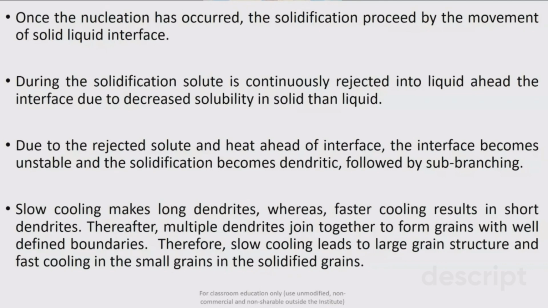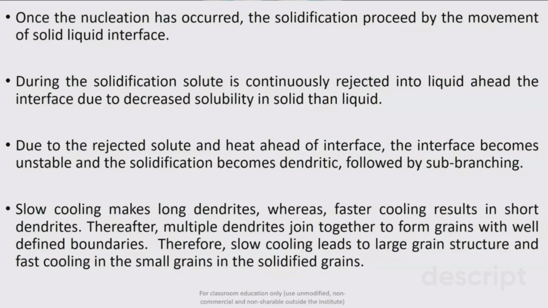And slow cooling makes long dendrites, whereas faster cooling results in shorter dendrites. With faster cooling, you don't allow the formation of these dendrites, while in the case of slow cooling, you are allowing the dendrites to grow. Multiple dendrites are growing into the liquid melt portion. When these dendrites join together, they form a grain with a well-defined boundary.